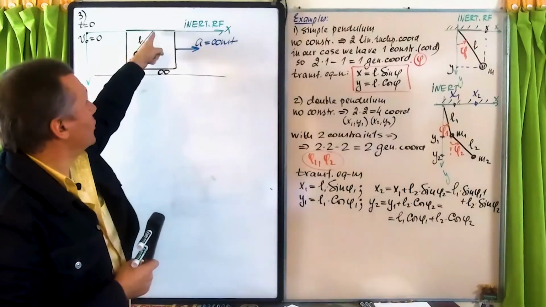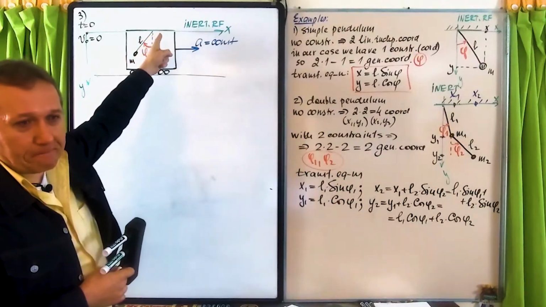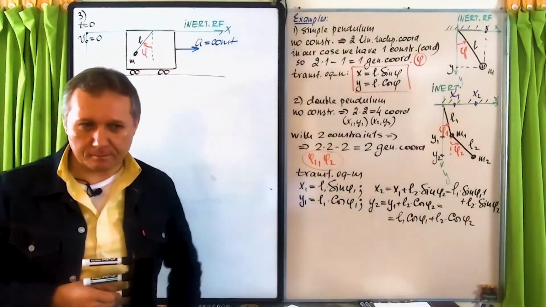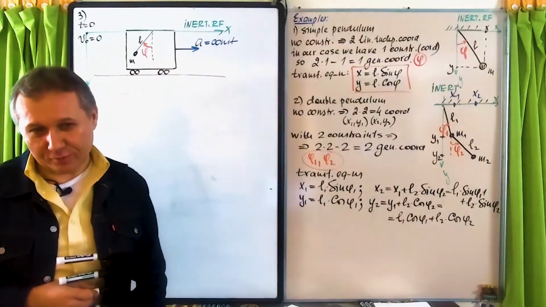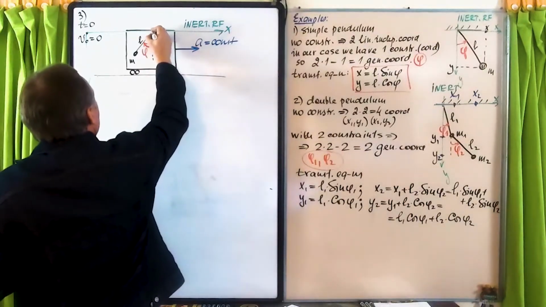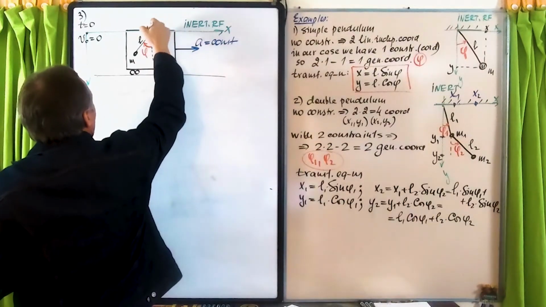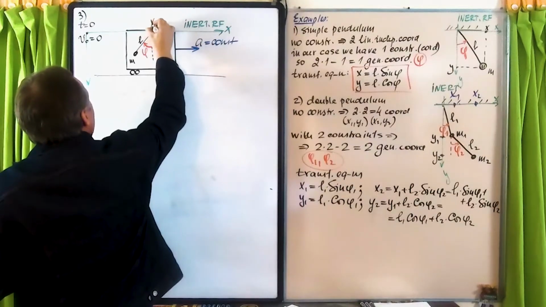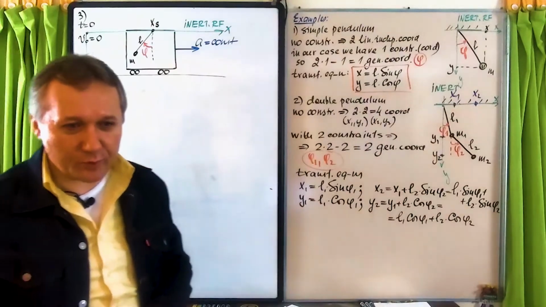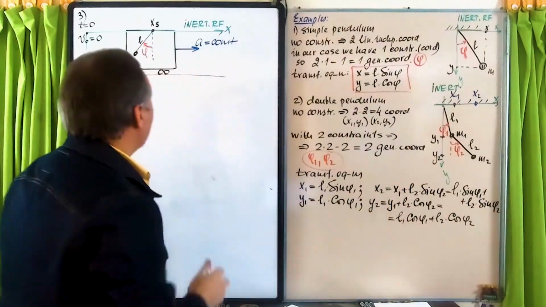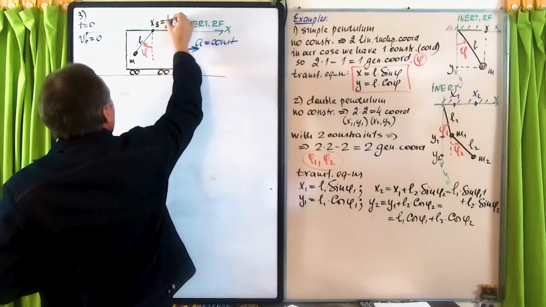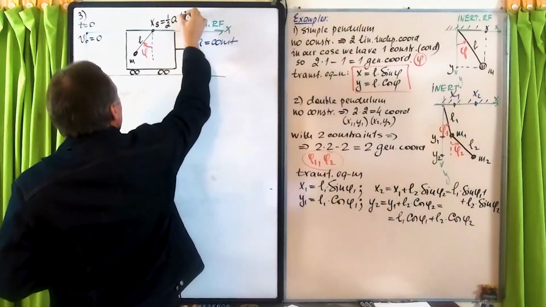And write down the coordinate of that suspension point using knowledge from physics 1. So let's denote this coordinate of that point as x sub s, s maybe for suspension. And that x sub s is 1 over 2 a t squared.